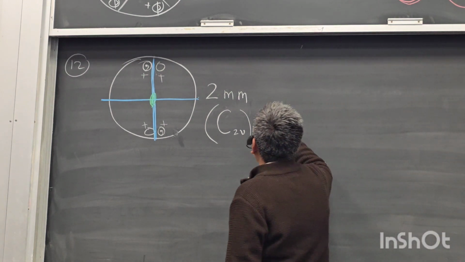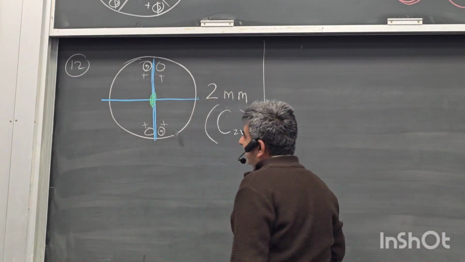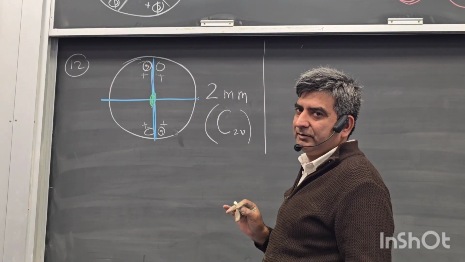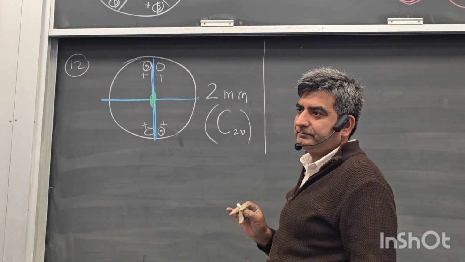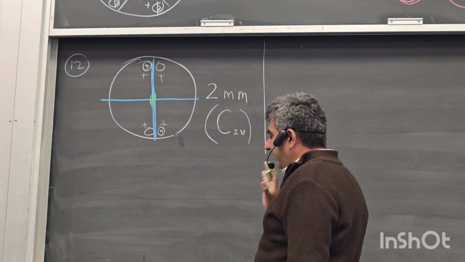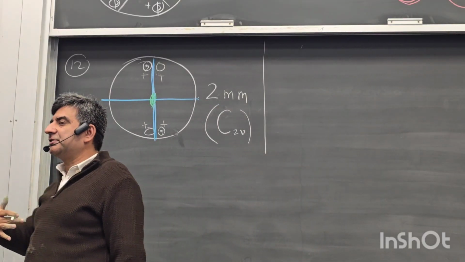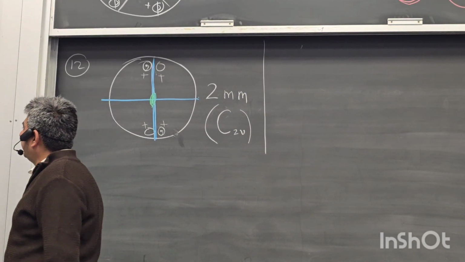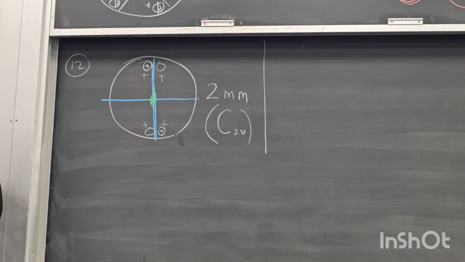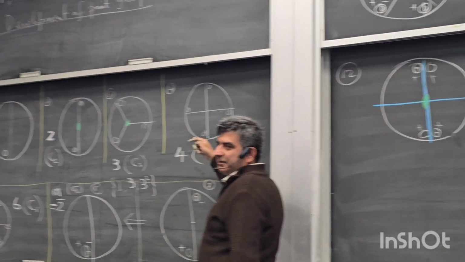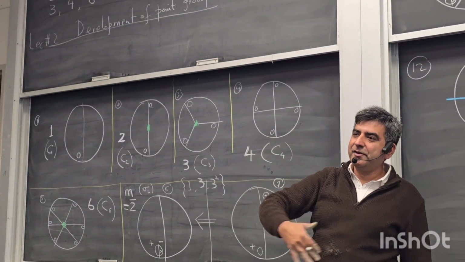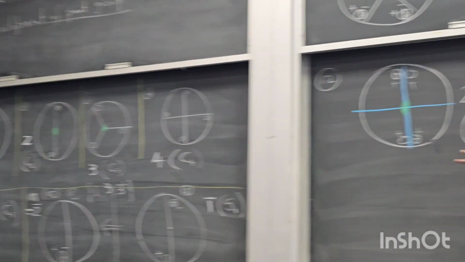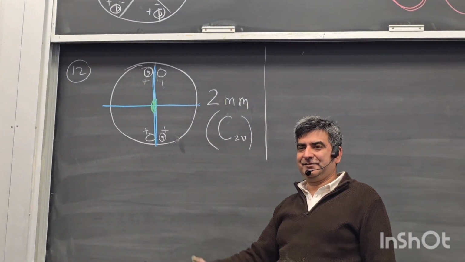So likewise, we can create C3V, C4V, C6V. Remember that adding one symmetry operation can generate other symmetry operations. For example, here a 4-fold axis of symmetry generates 4 squared, 4 cubed. Here one mirror operation on C2 generates another mirror plane. Okay.